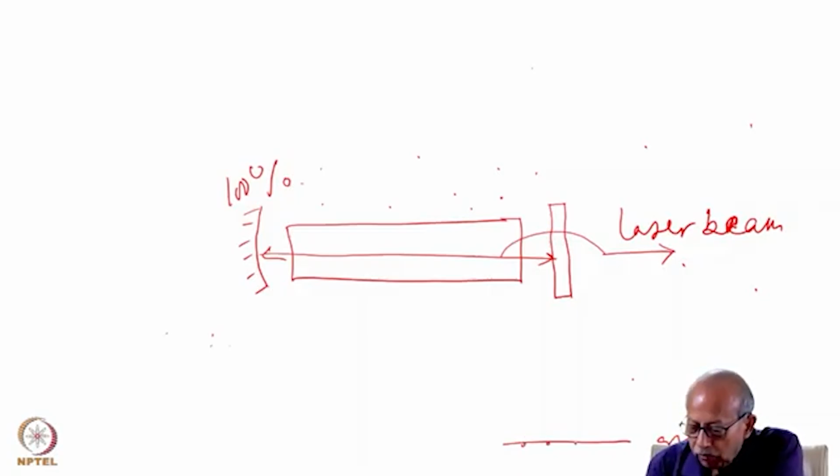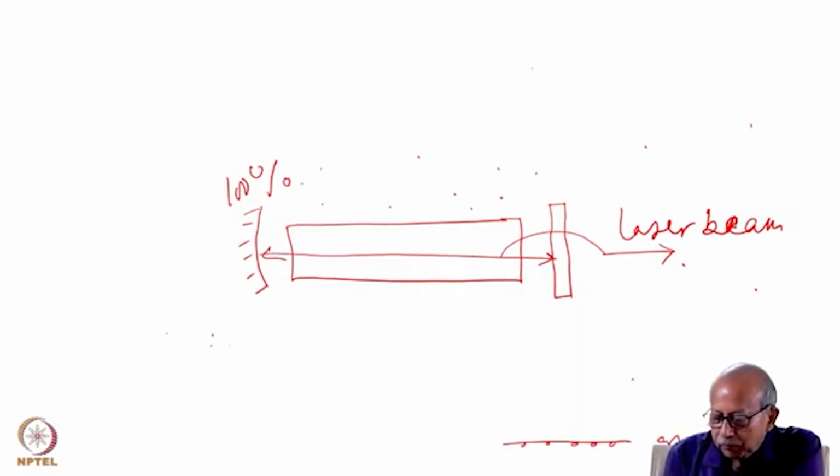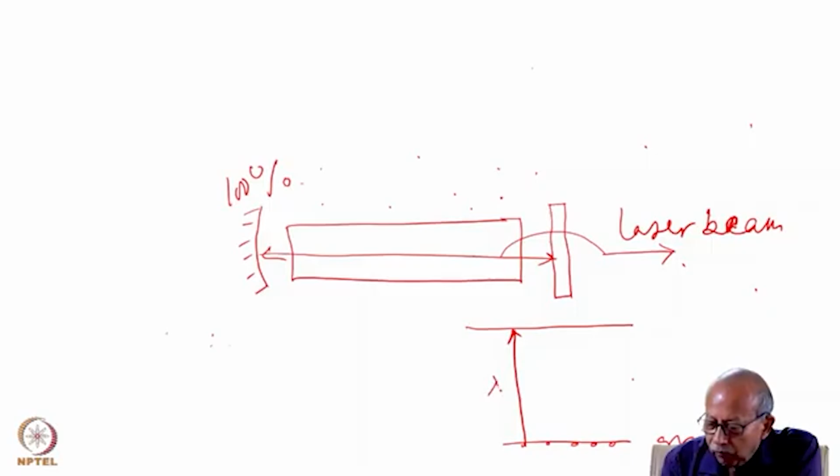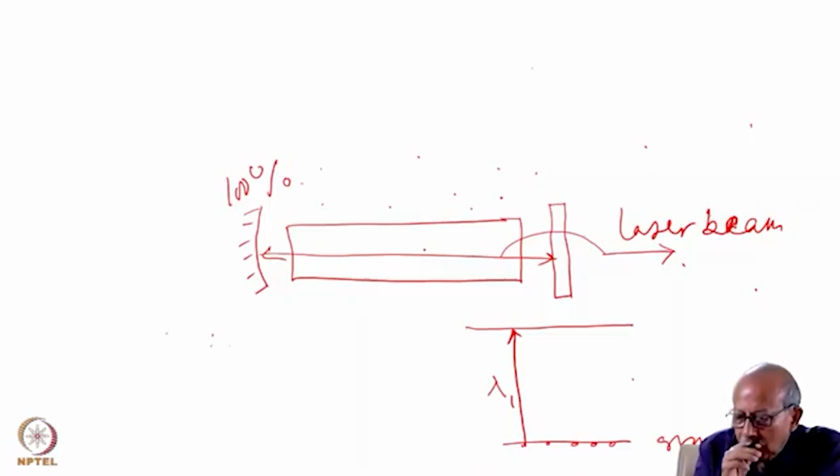So all our atoms or molecules are in the ground state. And then they would be pumped to the pump level. And suppose this wavelength is lambda 1 by which we pump it.